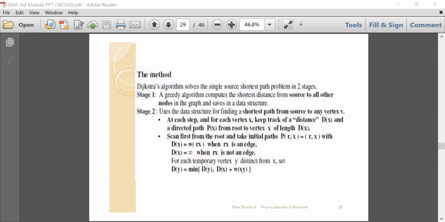Then stage 2 uses the data structure for finding the shortest path from source to any vertex V. Okay, so how does it use the data structure here?